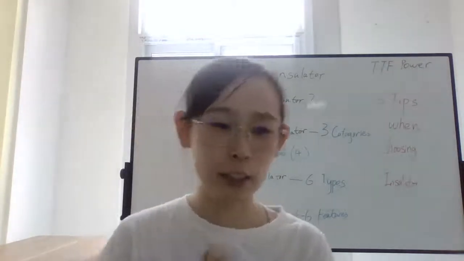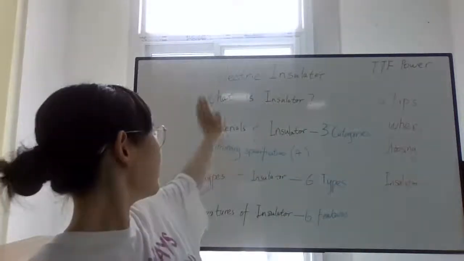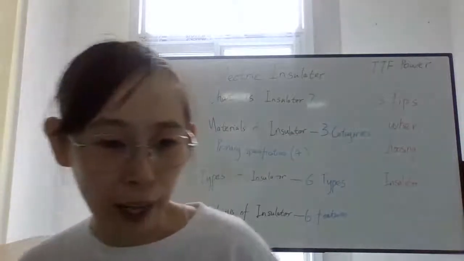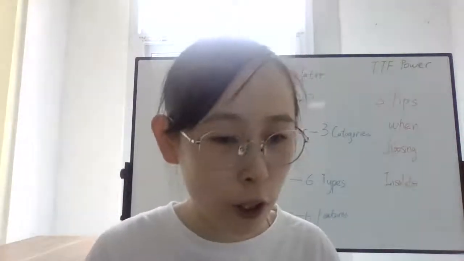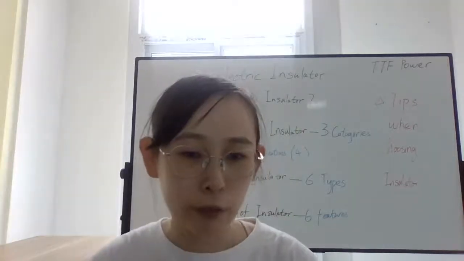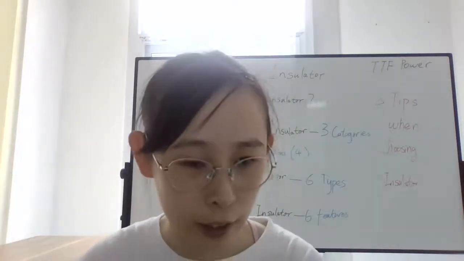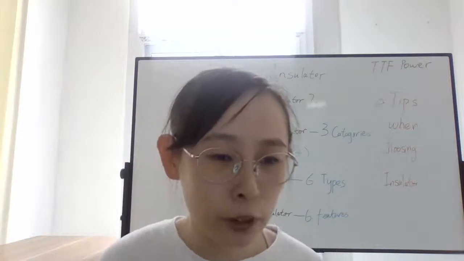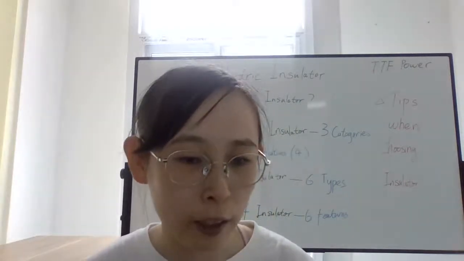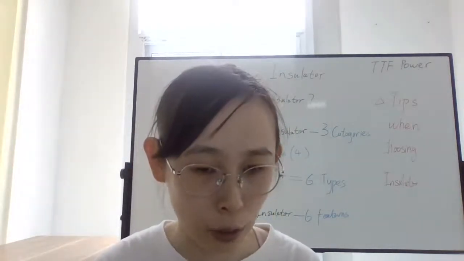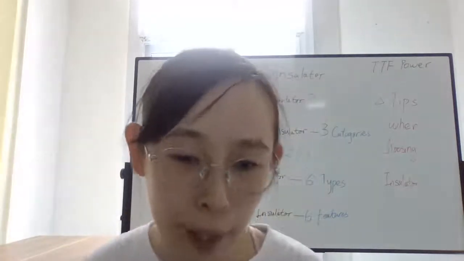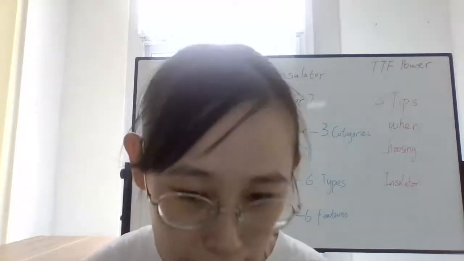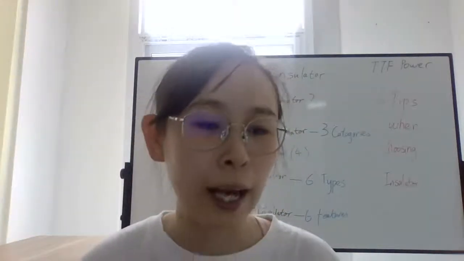So, let's go into the second part, the materials of insulators. In this part, I will tell you about the various kinds of materials for making electrical insulators. The most widely recognized materials include porcelain, ceramic, silicone rubber, polymer, and glass.